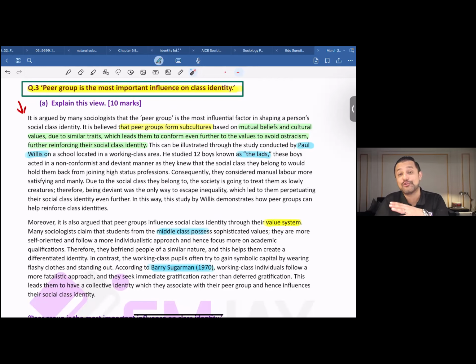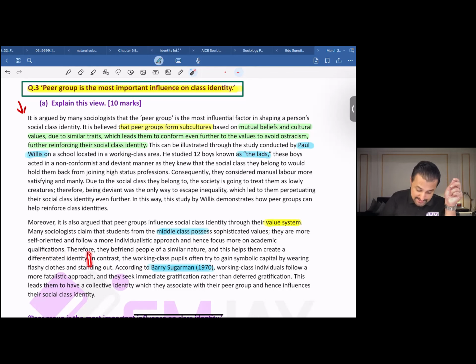I'm not saying you don't want your friends to do good, but more than that, you're concerned about your own future. That makes you self-oriented. So they follow a more individualistic approach and hence focus more on academic qualifications. Therefore, they befriend people of a similar nature and this helps them create a differentiated identity.